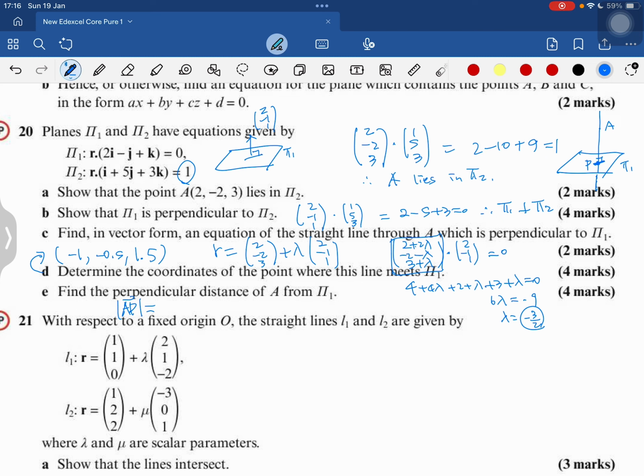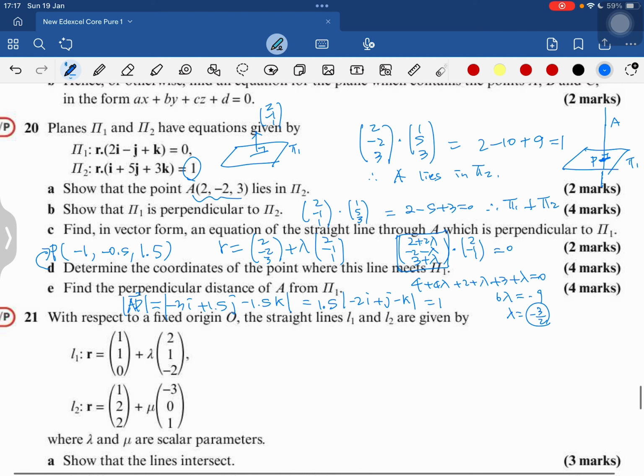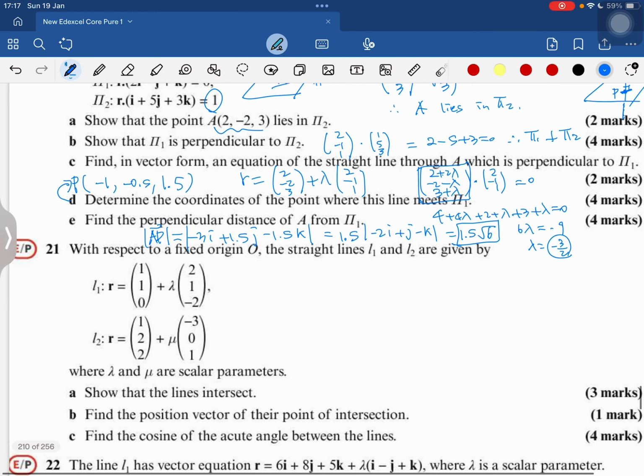So P minus A is -3i plus 1.5j minus 1.5k. To make the calculation easier, let me take out 1.5: -2i + j - k. So 1.5 times the square root of 4 + 1 + 1, which is square root of 6. This is the shortest, perpendicular distance.